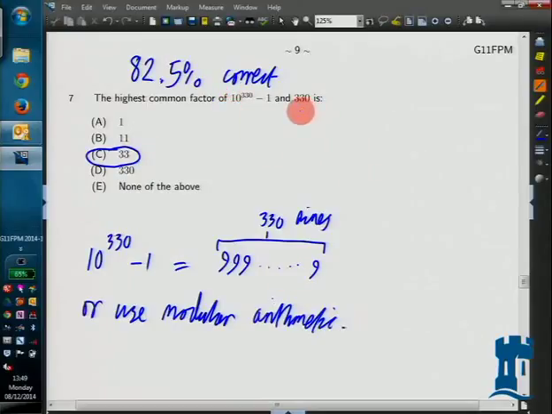To figure out what the highest common factor is here, you would probably factorize 330, and you'll see that that's 3 times 11 times 2 times 5.